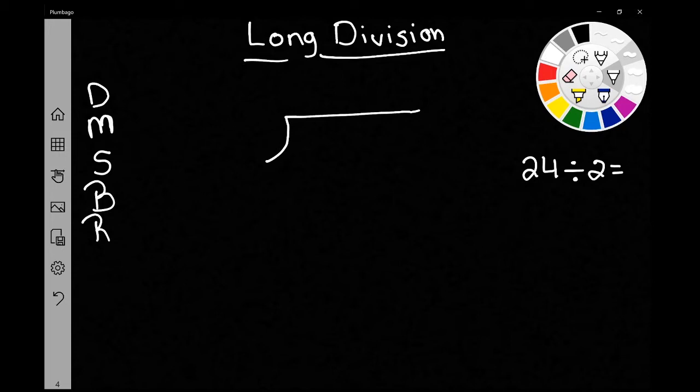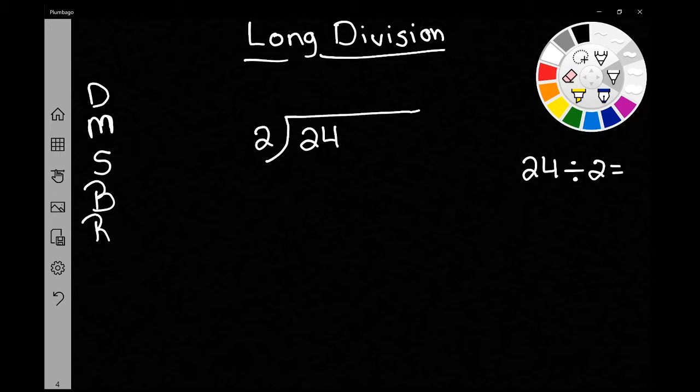But in long division, my large number goes on the inside of my frame. And the number that I am dividing by, so how many groups I'm dividing that large number into, goes on the outside of my frame.